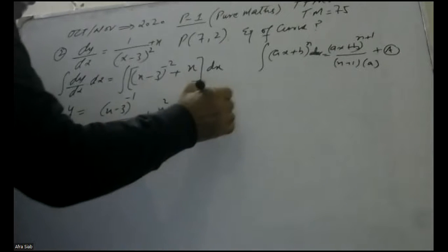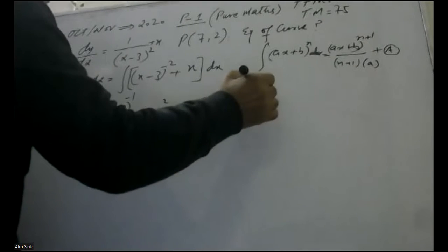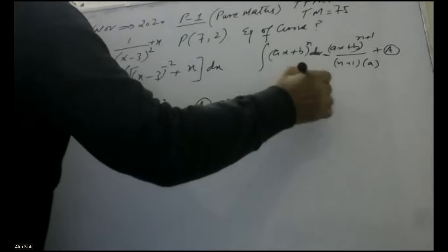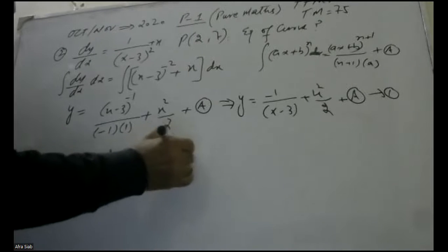So y is equal to minus 1 over x minus 3 plus x square over 2 plus a, and let's say it is equation 1. Now we put in the condition through which the curve passes. So the y value is 2: 2 equals minus 1 over 7 minus 3 plus 7 square over 2 plus a.